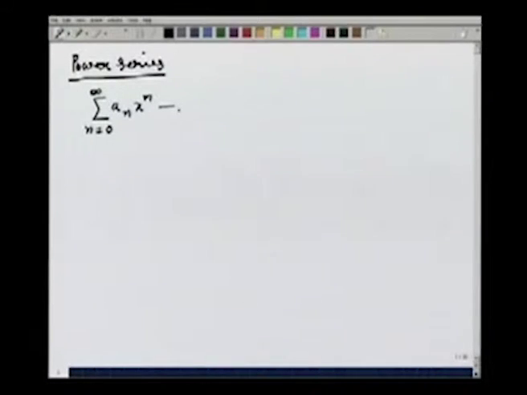Okay, and what we would like to understand is for which x this function makes sense. So to start with, this formal expression, because I don't know the meaning of this, is a power series in x. Notice that if I give a fixed value to x, then what it gives me is an infinite series.